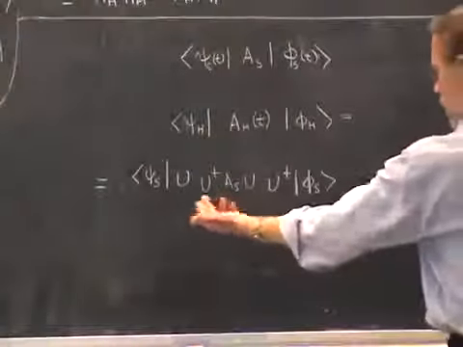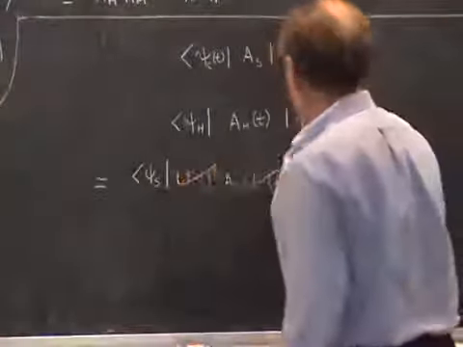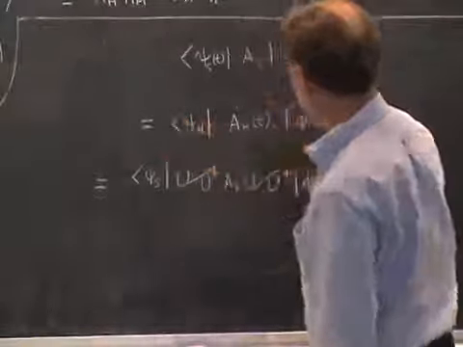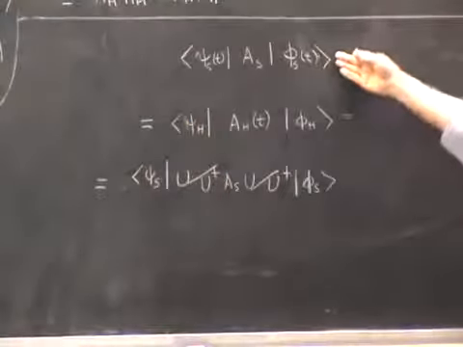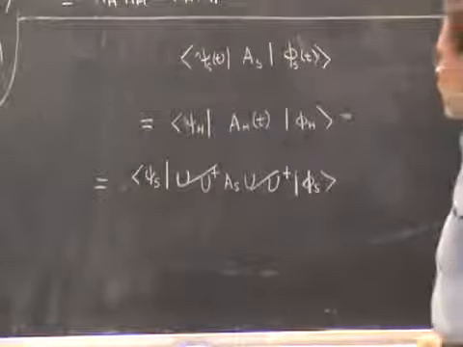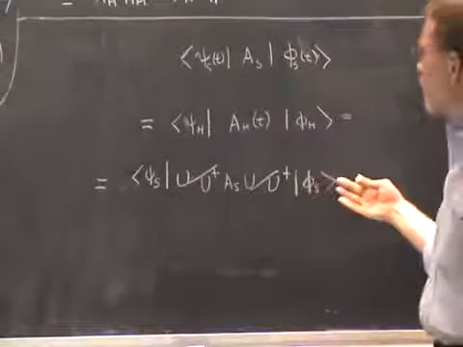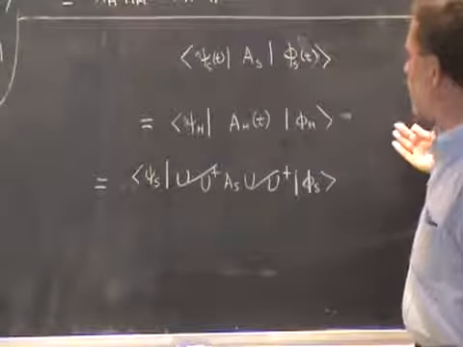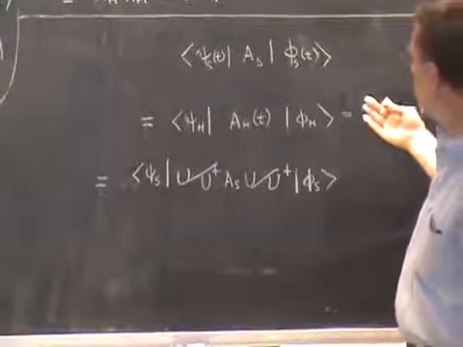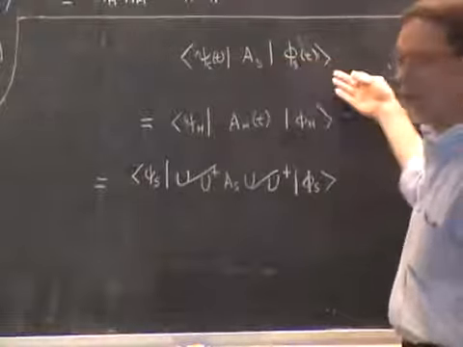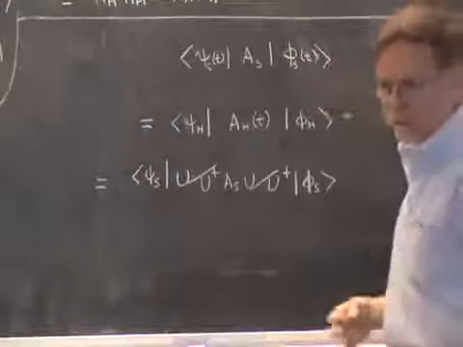And so you see the U's and U daggers cancel, and what you're left with is equal to the matrix element in the Schrödinger picture, with exactly the same time dependence. So all the probabilities that one measures in quantum mechanics are given by squares of matrix elements like this, and those are the same in both pictures.